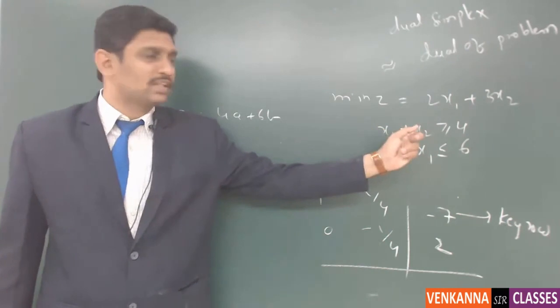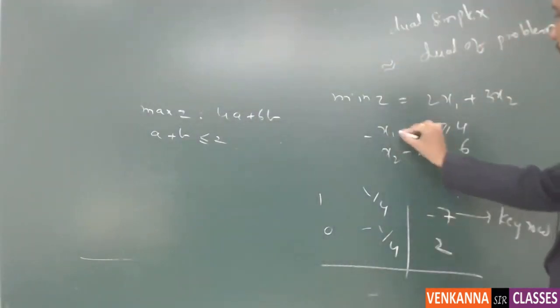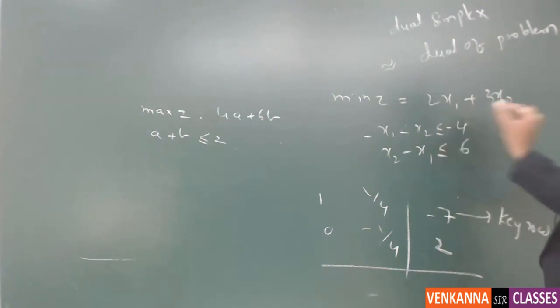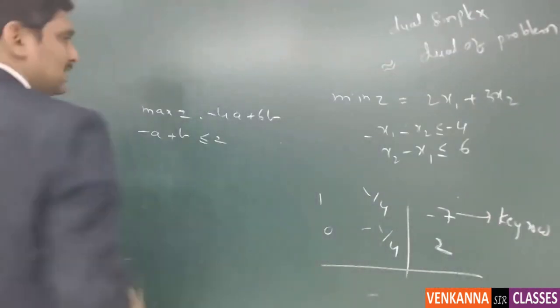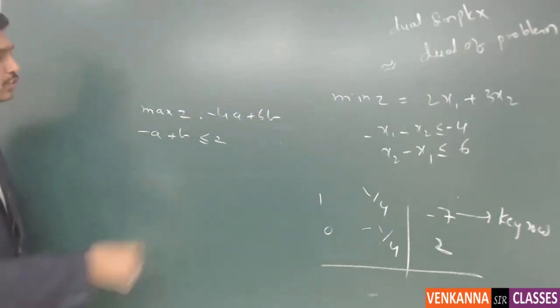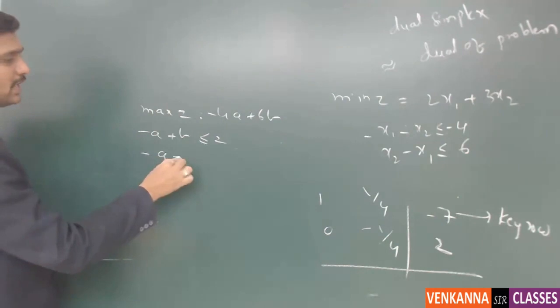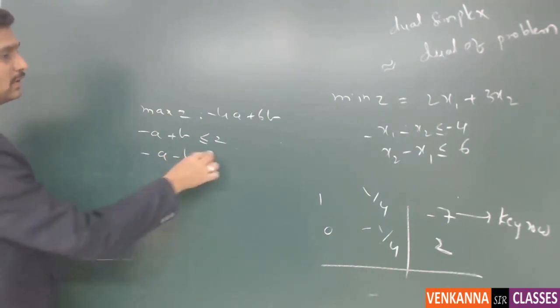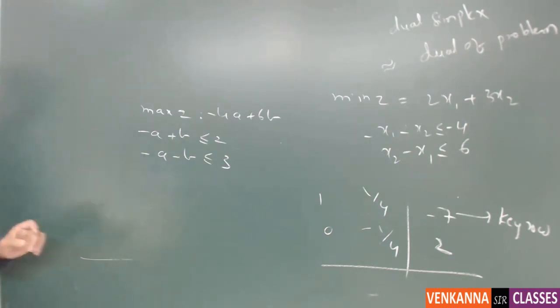So we are going to convert this. So it will come as minus x1 minus x2 is less than or equal to -4. This will be -4a. So minus a plus b less than or equal to 2. And from this, minus a minus b is less than or equal to 3. So this is the dual of the problem.